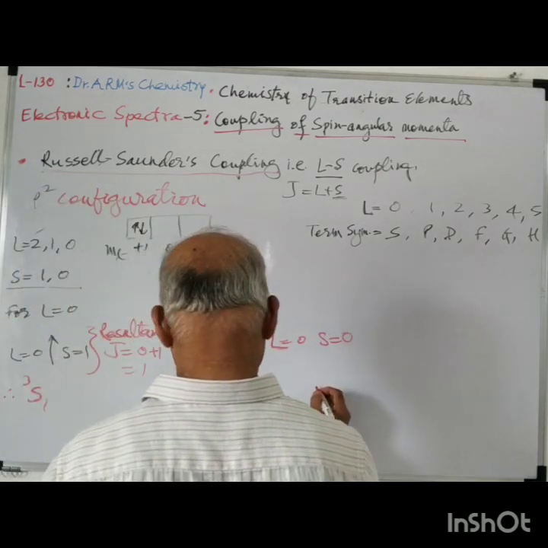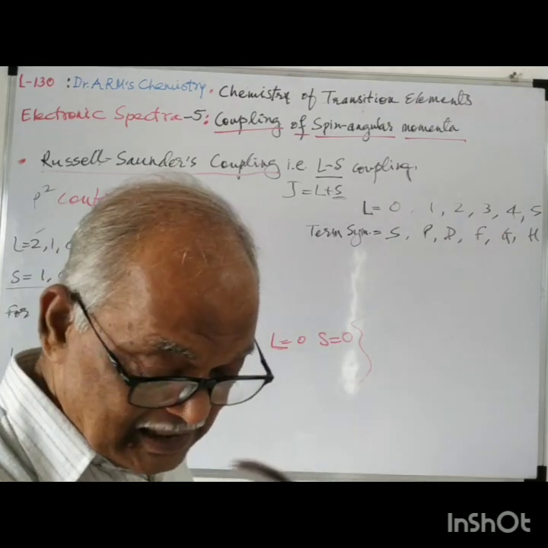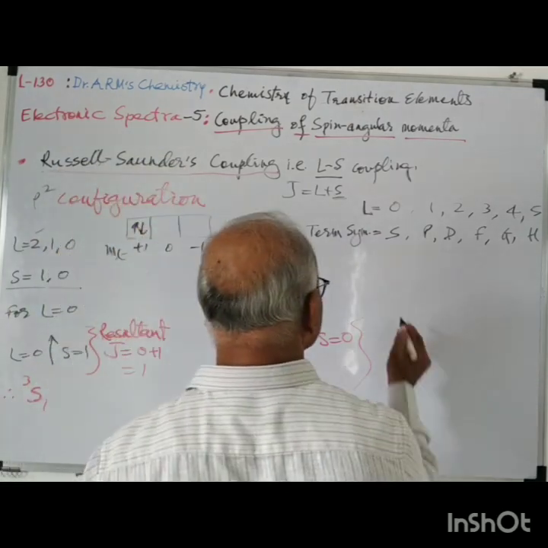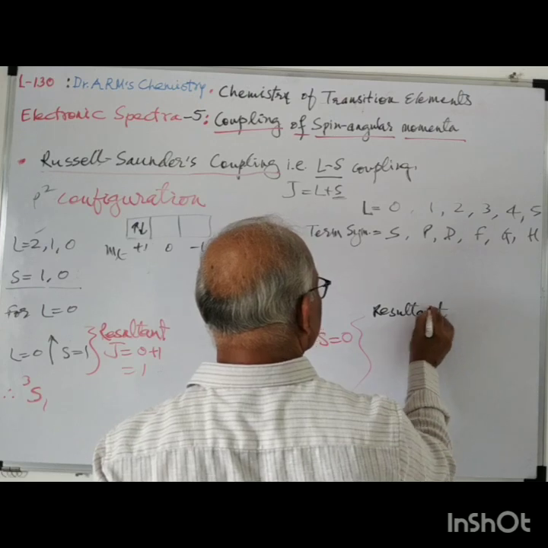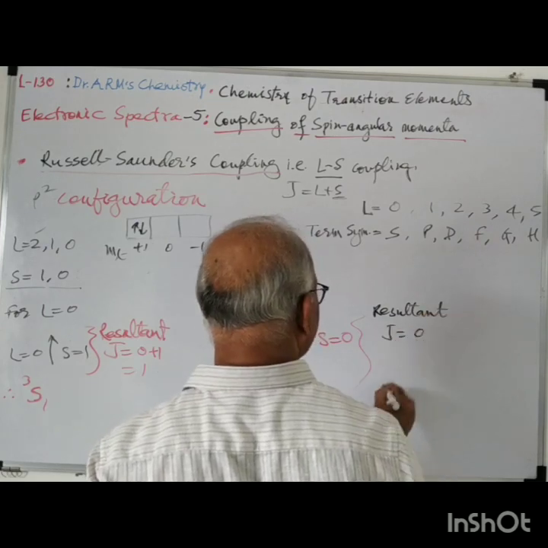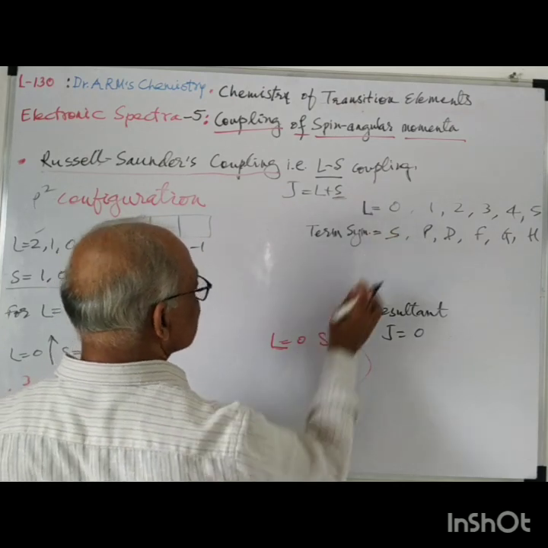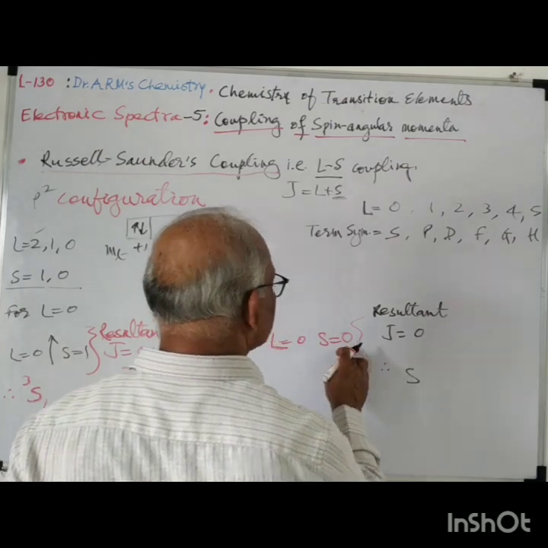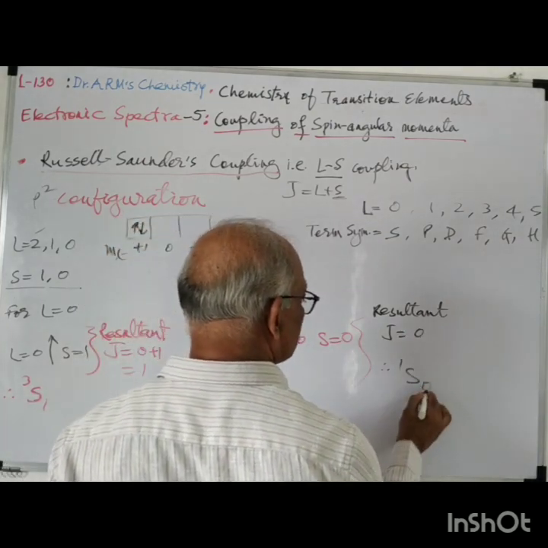And therefore, we can have the resultant J is equal to 0, and therefore the term symbol for L equal to 0 is S, the spin state is 1 and J is 0.